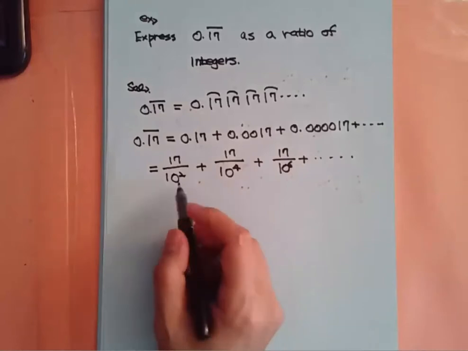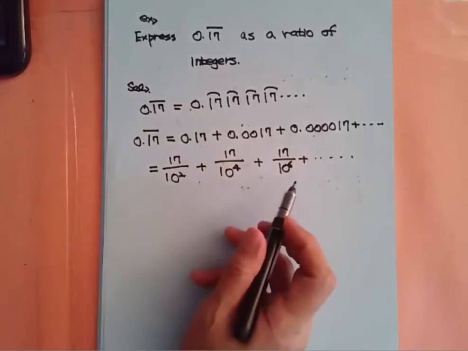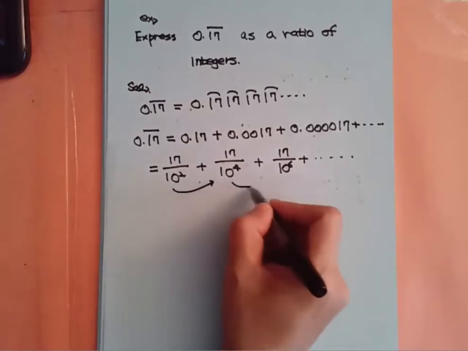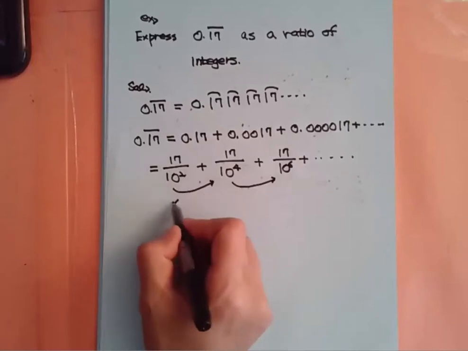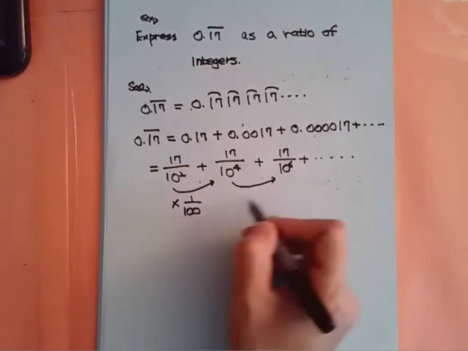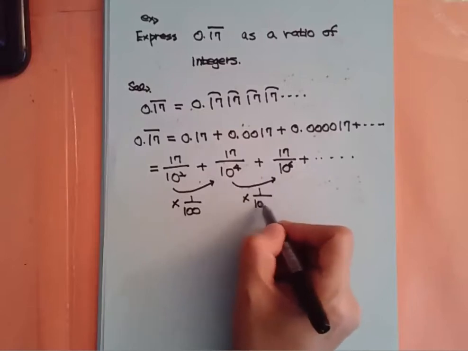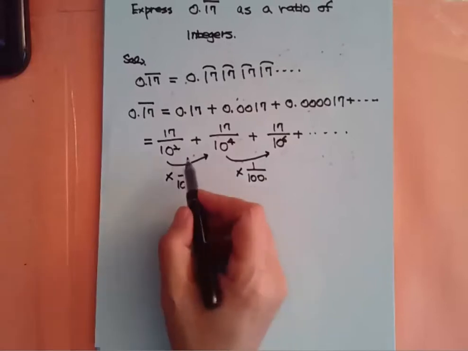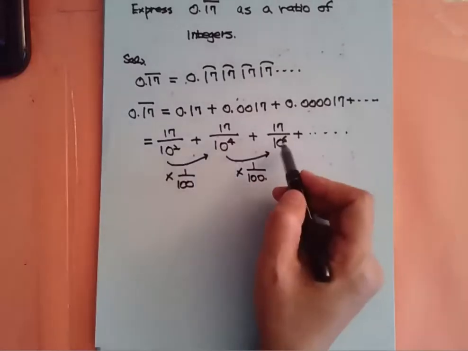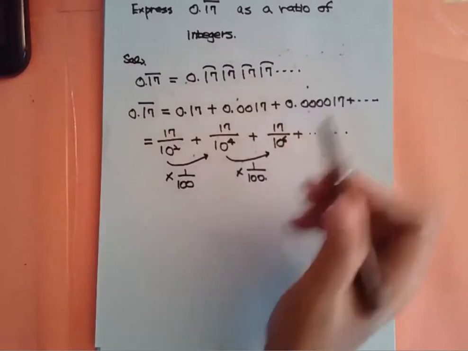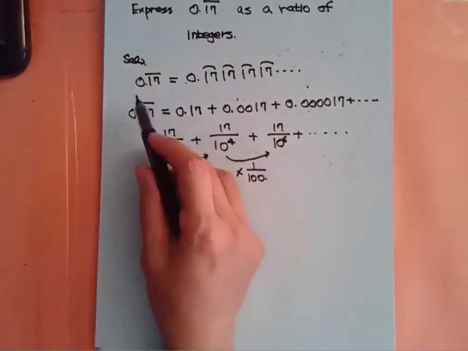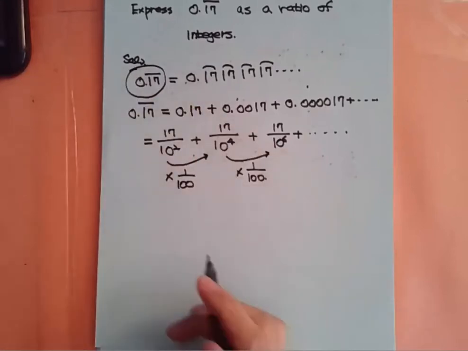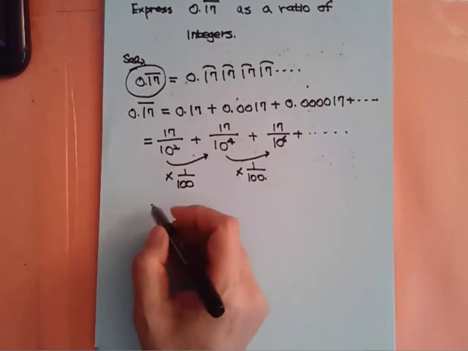So when we think about the first term and second term and third term and so on, we obtain the next one by multiplying by 1 over 100. So obviously, when we perceive this number as a sum of the given sequence, that is a geometric sequence.